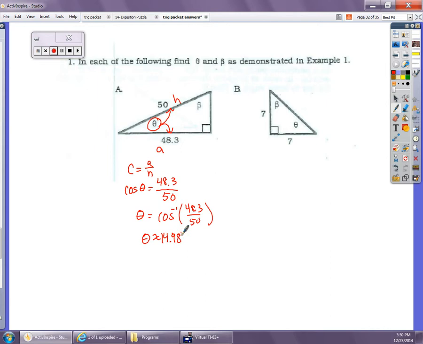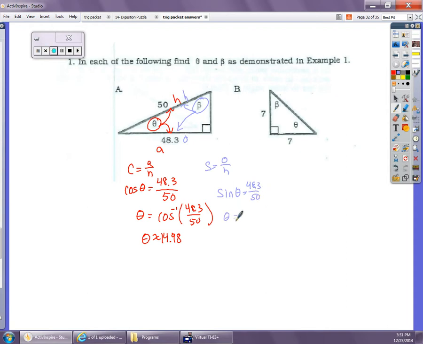To get the other angle, you could simply subtract 14.98 from 90, or you could set it up as your sine, opposite over hypotenuse. Either way is fine. You're going to get the same answer. If you subtract that from 90, you know that should be 75.02. And if we set it up as our equation, opposite is 48.3 over 50.